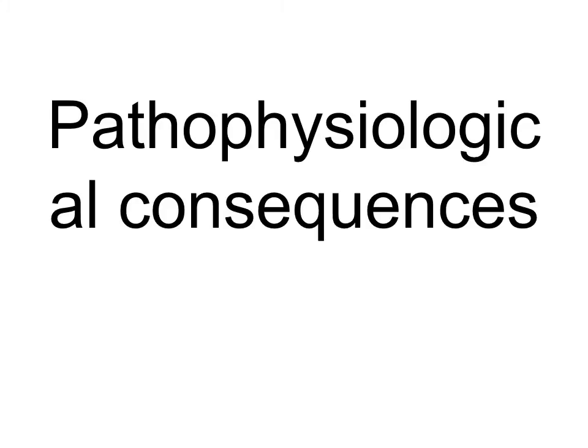But if we do slip and the oxygen saturations start to drop into the 80s, certainly if they get down to about 85, then the patient will warn us by becoming cyanosed. It's a pathophysiological consequence, an abnormal situation, but it's also useful because it means we can detect if our patient's becoming hypoxic.